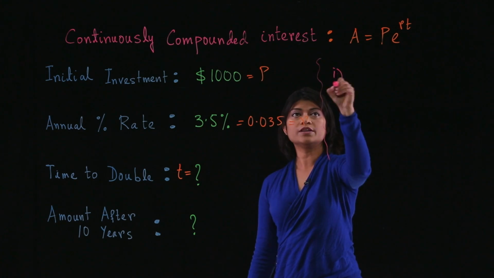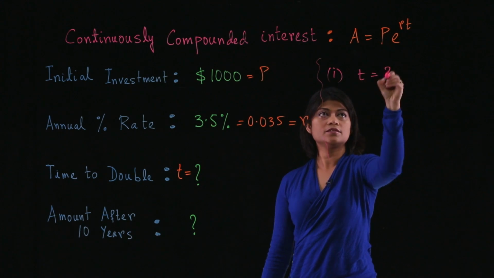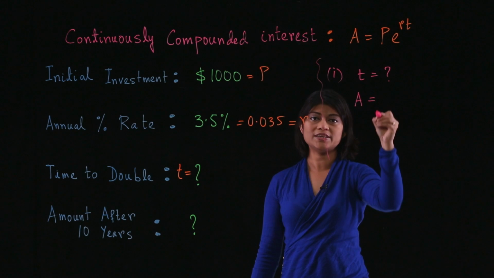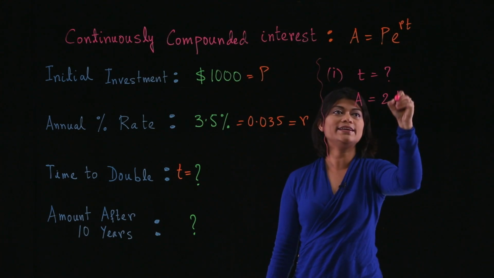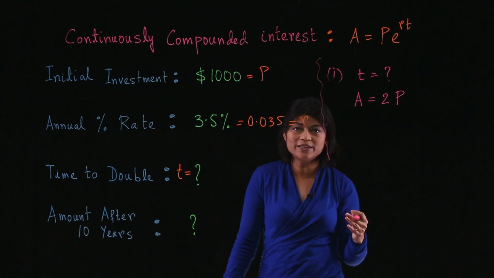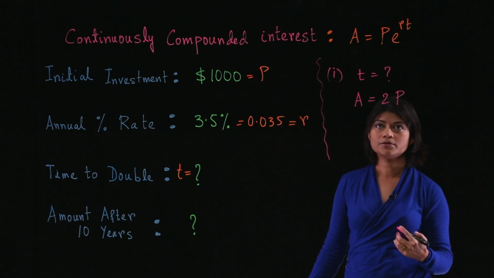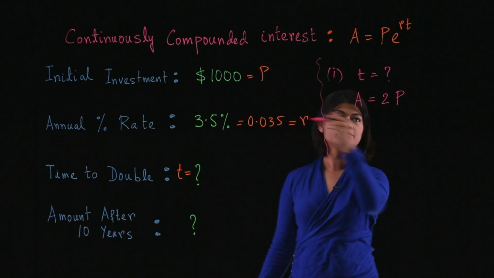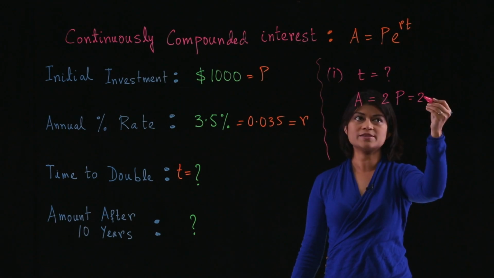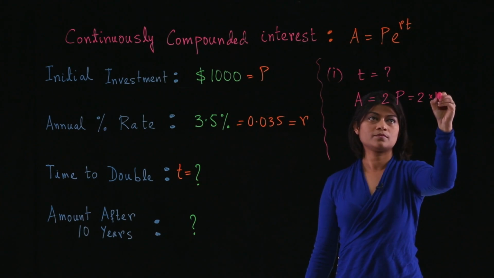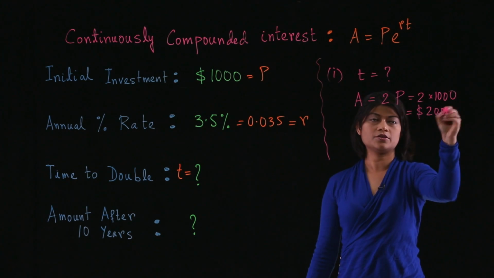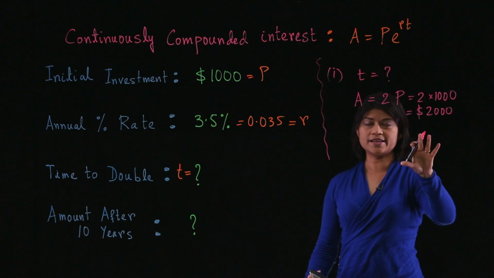We're finding what is the time so that the final amount is twice the initial amount. That's what it means by time to double. So A is 2P. Well, P is 1,000, so this is 2 times 1,000. That means it's $2,000.